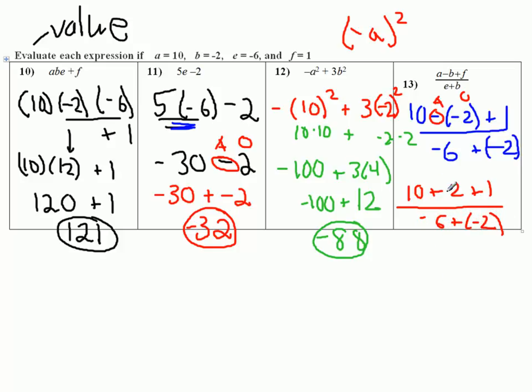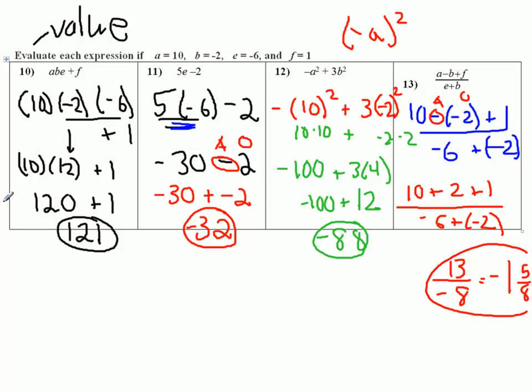That becomes 10 plus 2 is 12, plus 1 more is 13, over -6 plus -2 makes -8. We're talking about same signs add. And if you want to change this into a mixed number, it would actually be -1 and 5/8. We want to reduce it. So there we go.